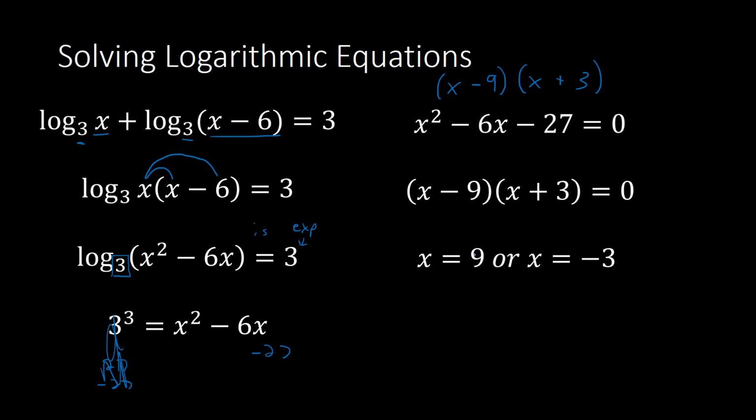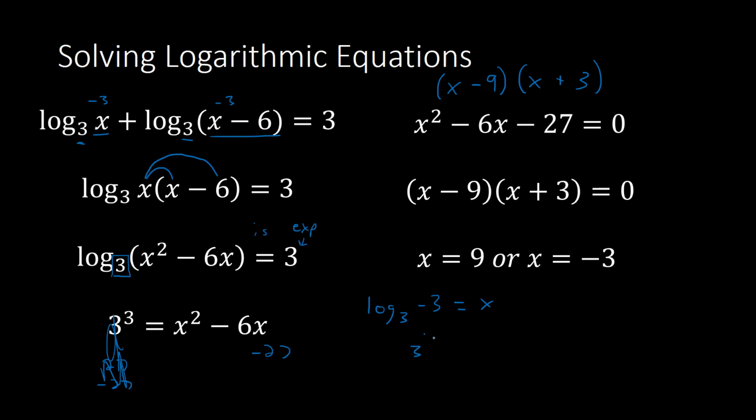Now just be careful that you check your answers when you are finished, because the 9 would work, but the negative 3 would not. If we plug the negative 3 in for x, we'd have negative 3 here, negative 3 here. So we'd have log base 3 of a negative 3. And that's equal to something. Well, what is that equal to?